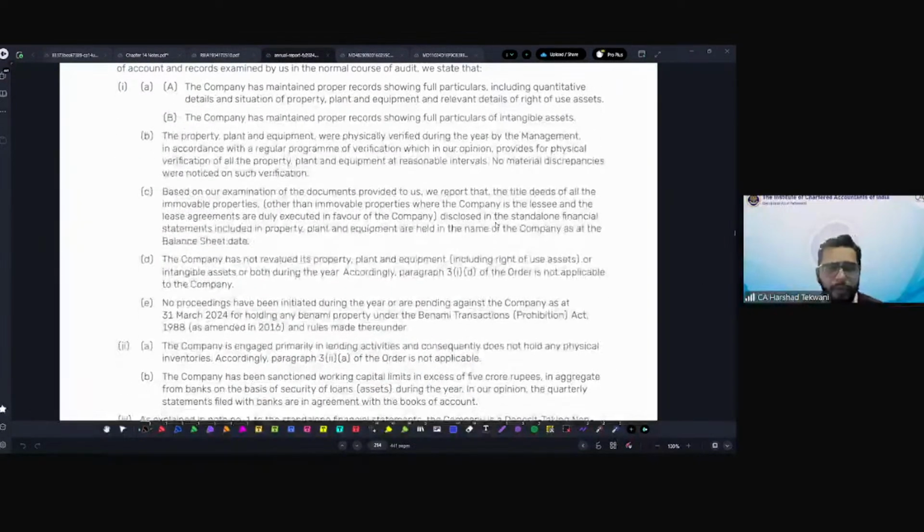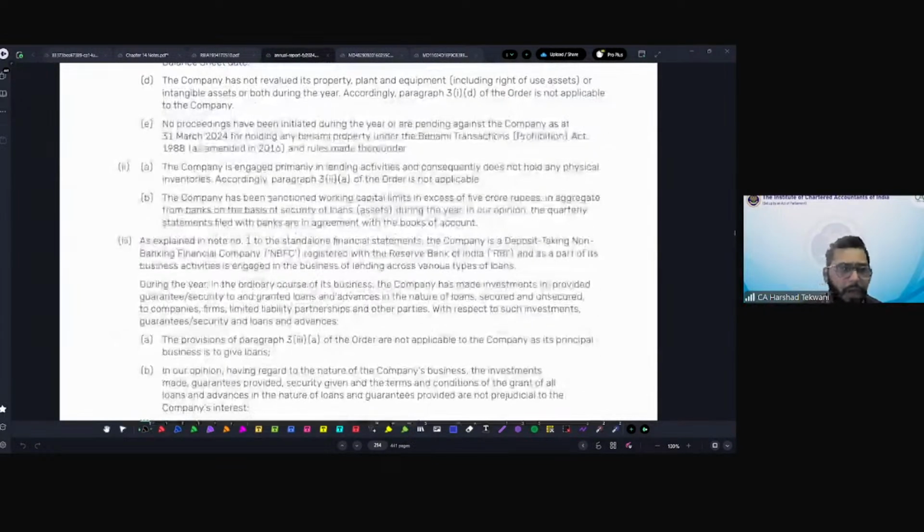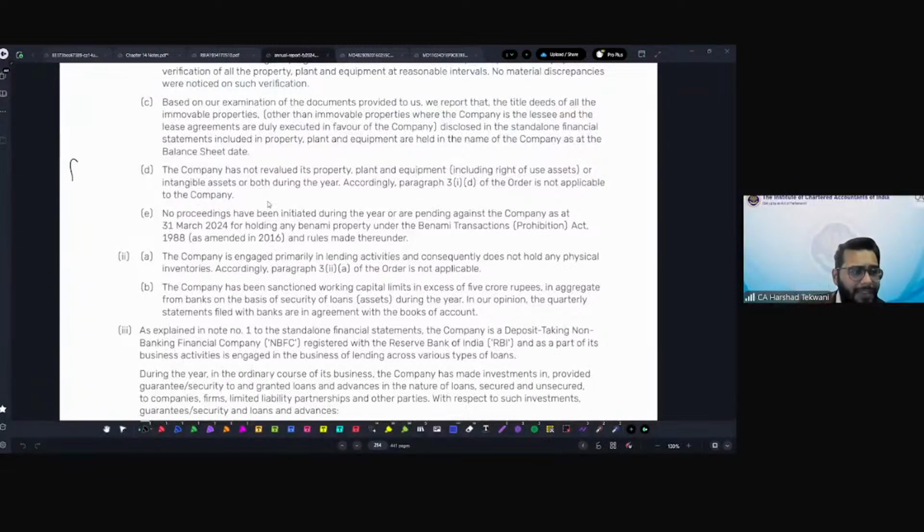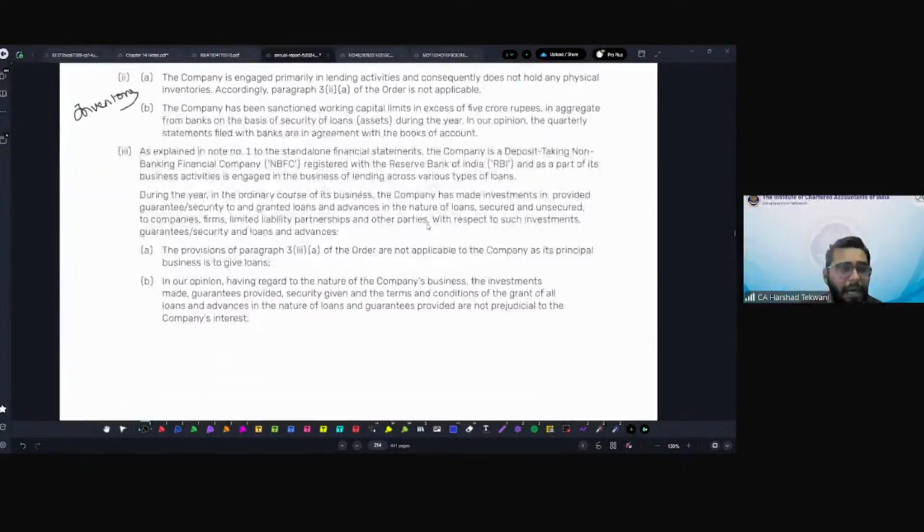Remember, the first was with respect to physical assets, and the second was with respect to inventories, para 3.1 for fixed assets and then inventory. Now para 3 was with respect to the company making investments and advancing loans to various entities. Is there any amount overdue, loans and advances related, para 3.3.